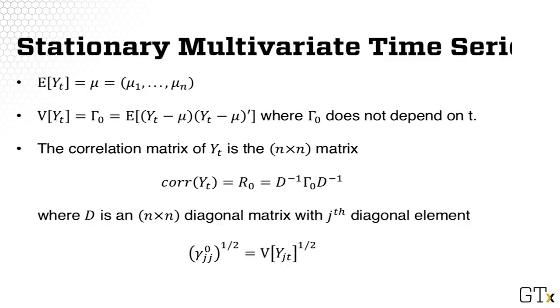Furthermore, we can define the contemporaneous correlation R0 by scaling by the standard deviations of individual time series in the vector time series, as provided on the slide. D0 here is a diagonal matrix where the ith element on the diagonal corresponds to the standard deviation of the ith time series.